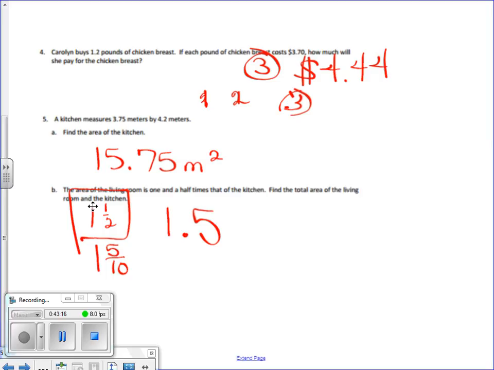How do you know if it's 5 tenths though? Because if we're doing powers of 10, 5 tenths is half. So, can you find the total area?